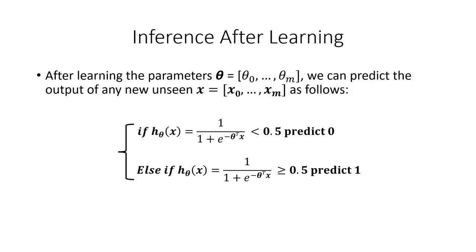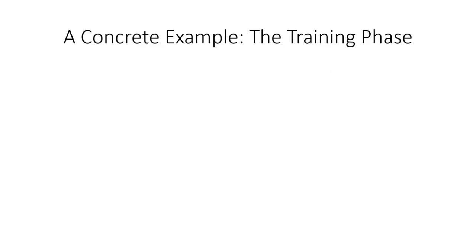If h of x is less than 0.5, we go for 0, meaning no, or fail. Otherwise, if it is greater than or equal to 0.5, we go for prediction 1. Even if it is exactly 0.5, the prediction value would be 1.